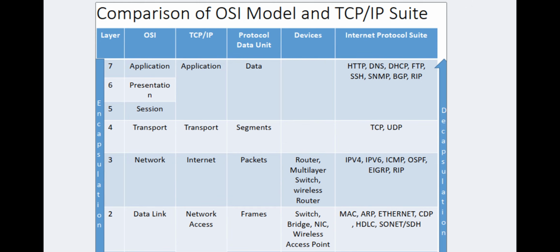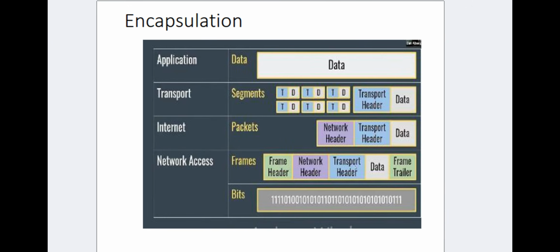Data link layer, network access, frame: switch, bridge, NIC, wireless access point; MAC, ARP, Ethernet, CDP, HDLC, SONET/SDH. Physical layer, bits: hub, NIC.